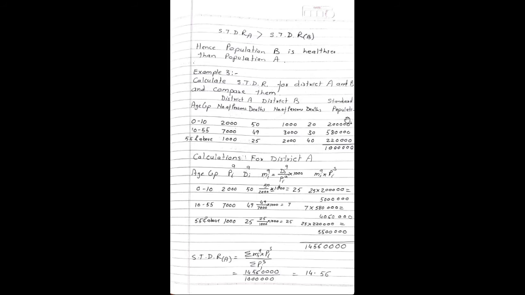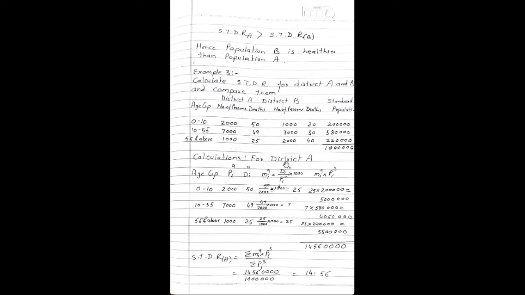Moreover, standard population values are also given. Age group 0 to 10, standard population is 2 lakhs. For age group 10 to 55, standard population is 5,80,000. For age group 55 and above, standard population is 2,20,000.